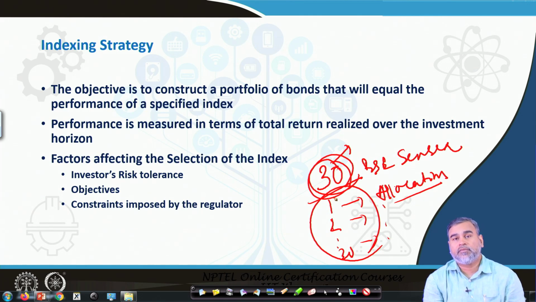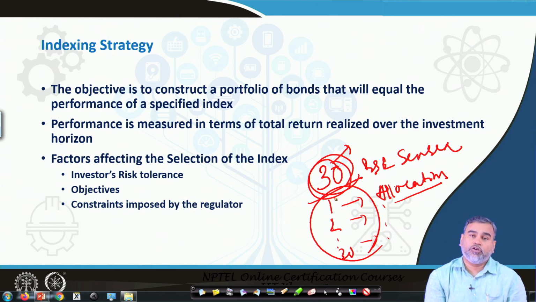Next, objectives. Whether your objective is to maximize the return or to get a regular flow of income. That will decide whether you should go for an equity portfolio, a bond portfolio, or a combination of both. So, in that context the objective has to be clear. Then we are also not free to choose any asset available in the system.